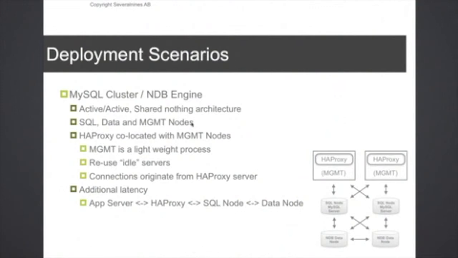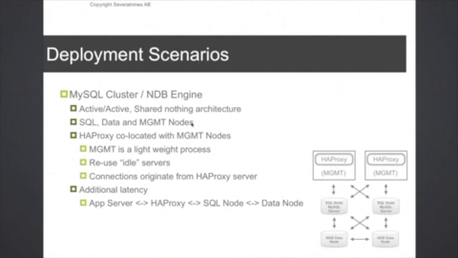For MySQL Cluster, you also have so-called management nodes, which provide a cluster configuration file which describes the cluster setup. With HAProxy and MySQL Cluster, a good place to deploy HAProxy is on the management nodes, because the management processes are lightweight.